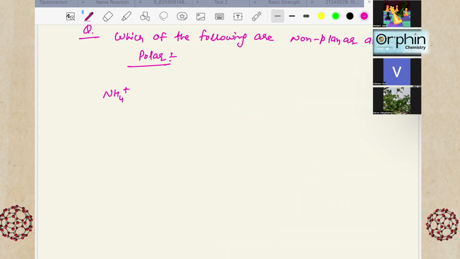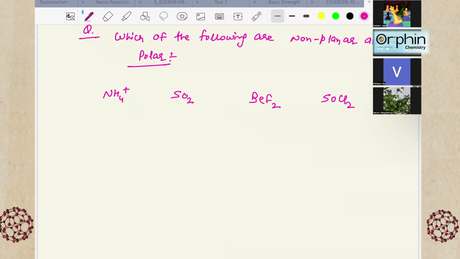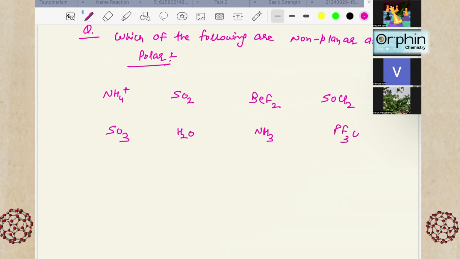NH4 plus, SO2, BeF2, SOCl2, SO3, H2O, NS3, PF3Cl2, SF4, I3 minus.